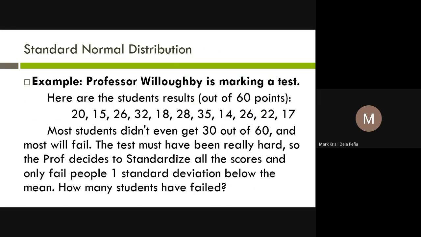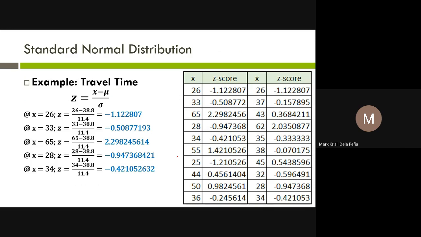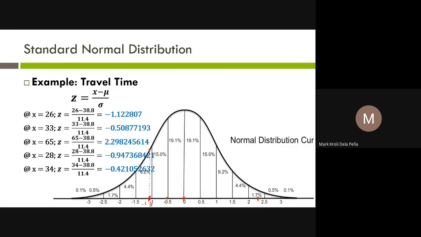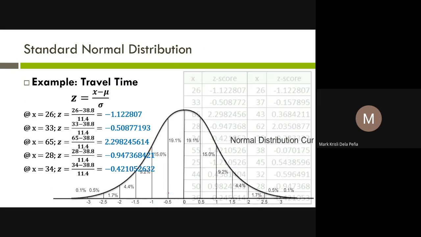So he decides to standardize all the scores and decided that he will only fail those students who are one standard deviation below the mean. So if we check our graph, that will be here, below negative one standard deviation from the mean, so the students will fail.